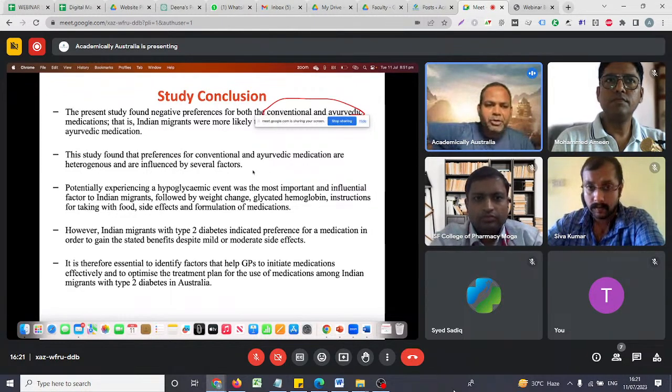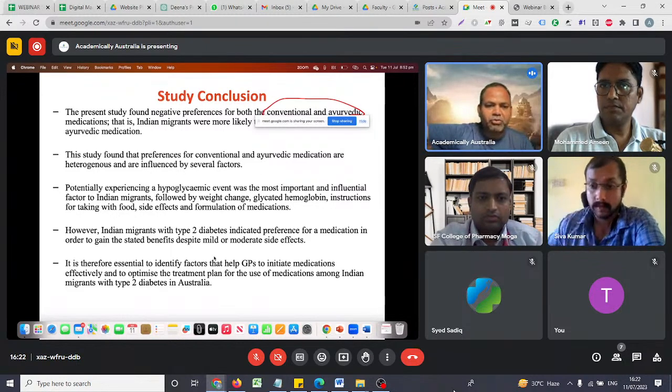And potentially experiencing a hypoglycemic event was the most important and influential factor for Indian migrants, followed by weight change, glycemic effectiveness, instruction for taking with food, side effect and formulation of medication. However, Indian migrants with diabetes indicated a preference for medication in order to gain the stated benefit despite mild or moderate side effects.